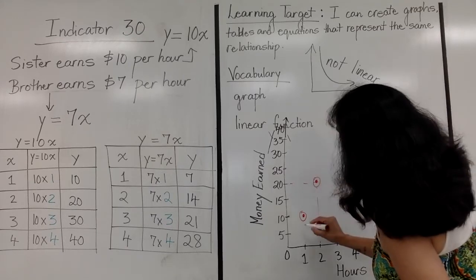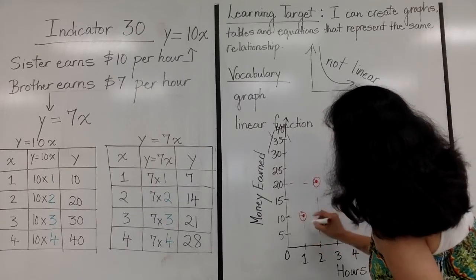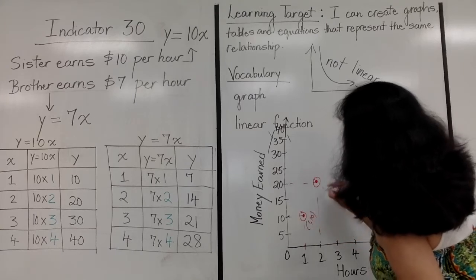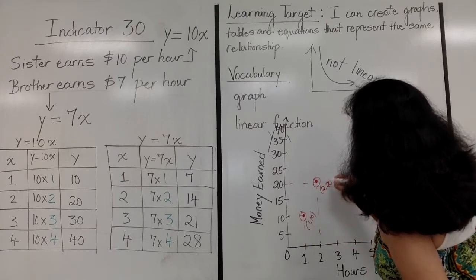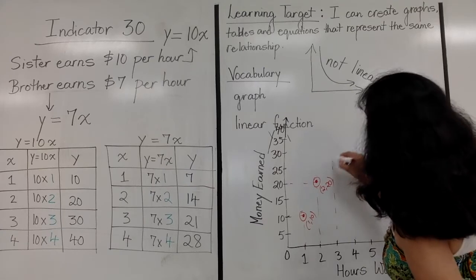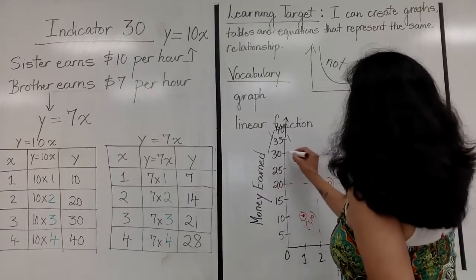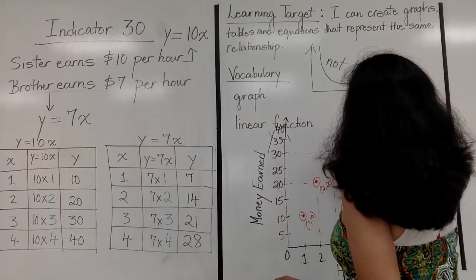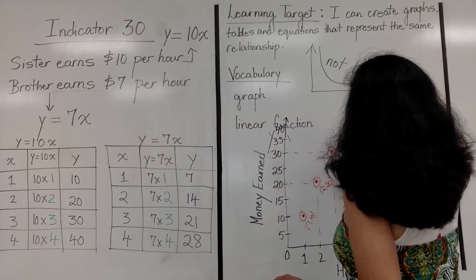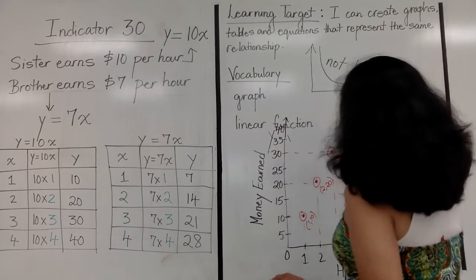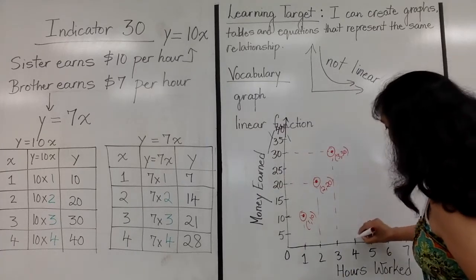Okay, so this is 2, 20. So this is 1, 10, 2, 20. With 3, I have 30. Okay, so this is 3, 30. With 4, I have 40.